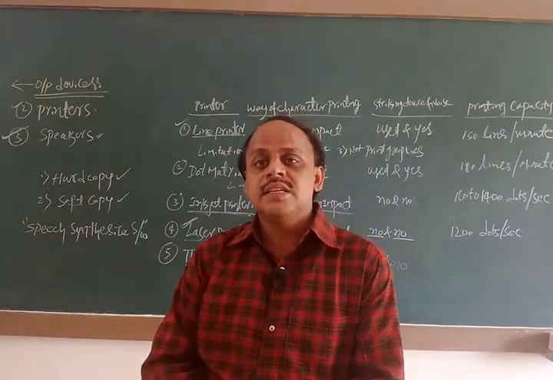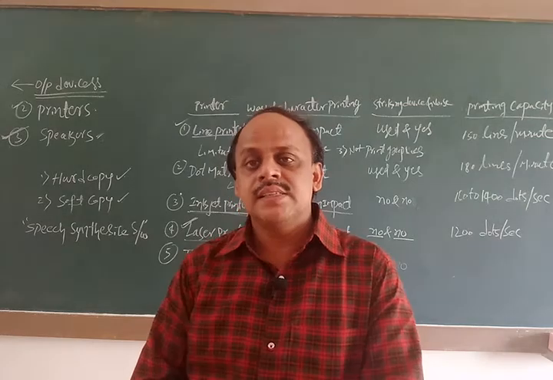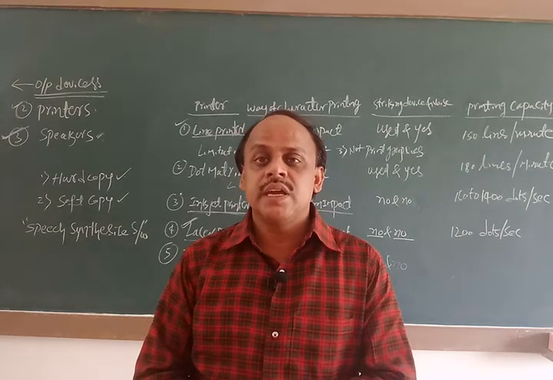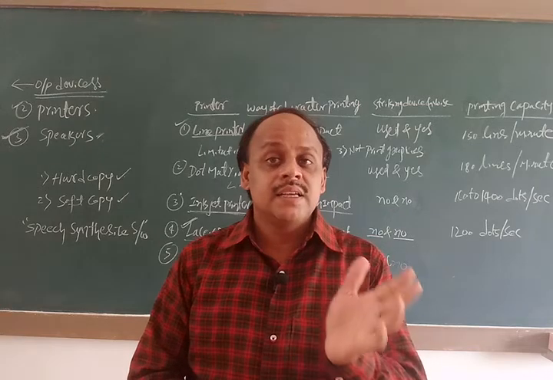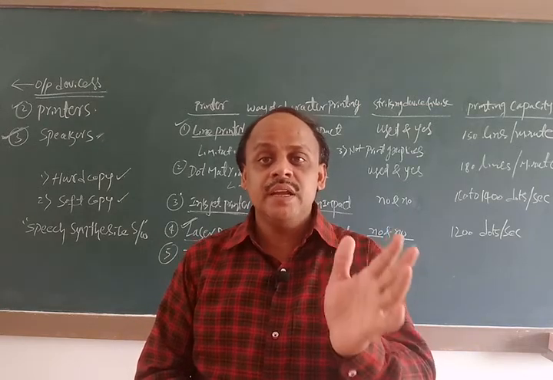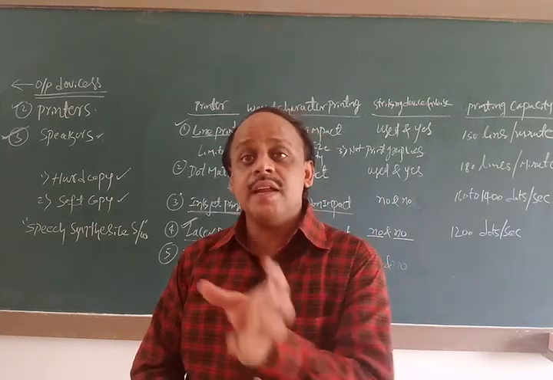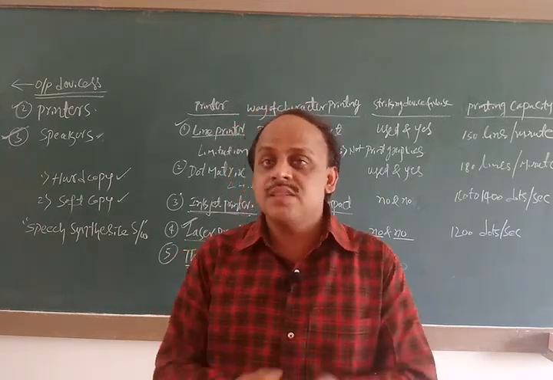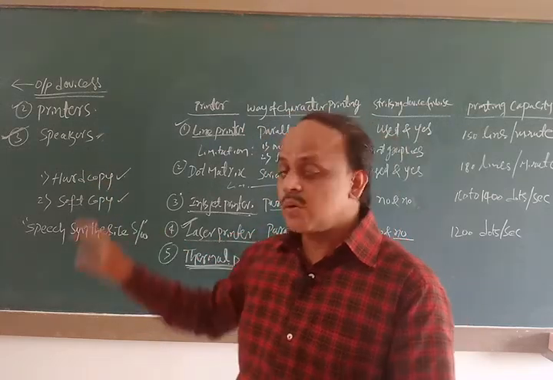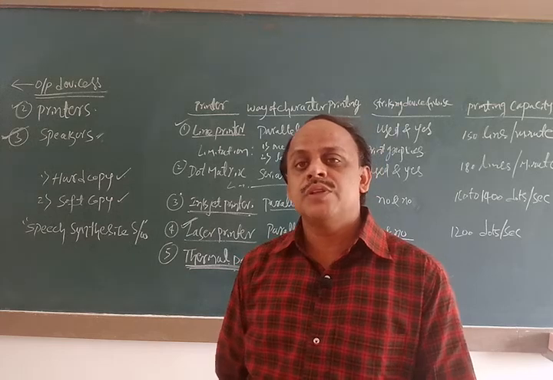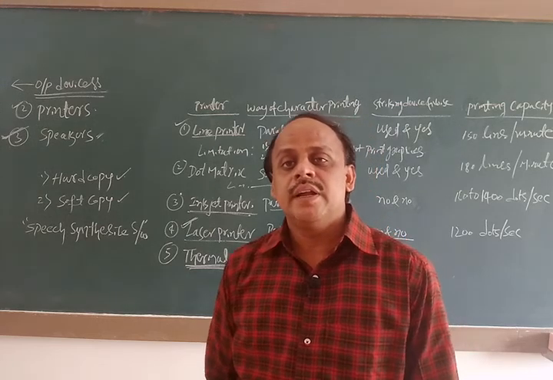We discussed these output devices in detail. In the next class I am going to take the other device, that is memory devices, right? The chapter name is input, output and memory devices. We are discussing this chapter, right? Input devices are over, output devices are over. In the next class I am going to take memory devices.